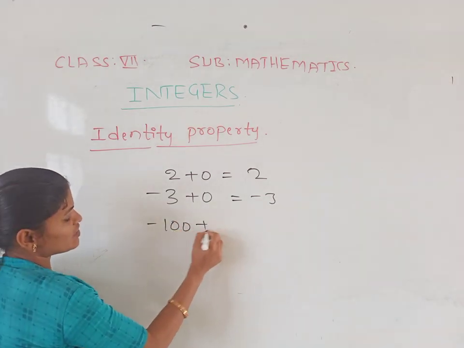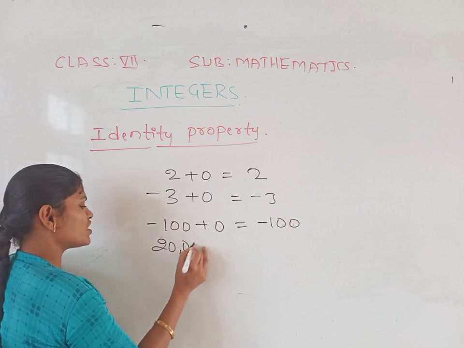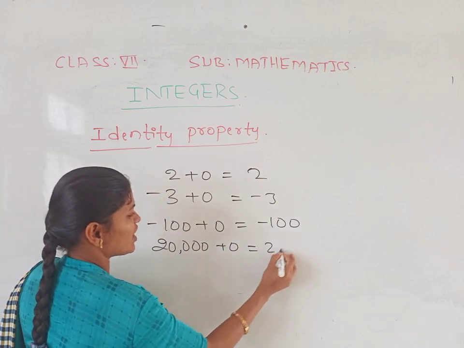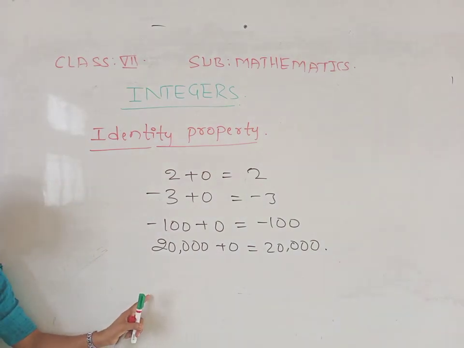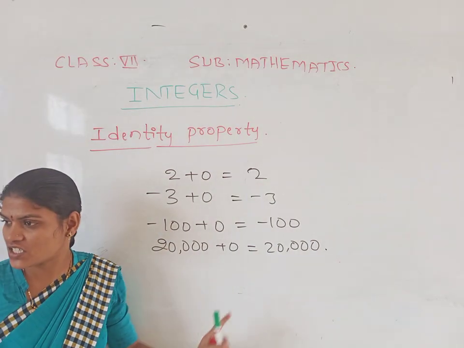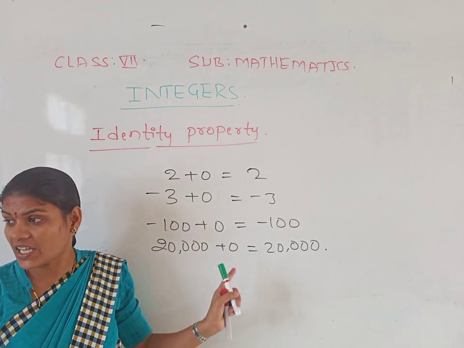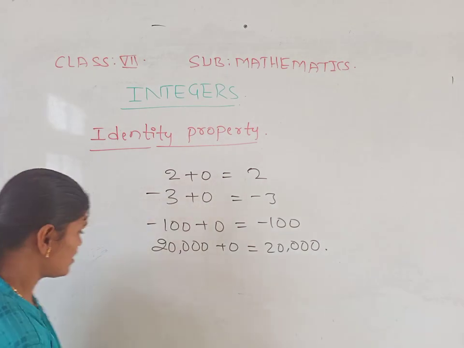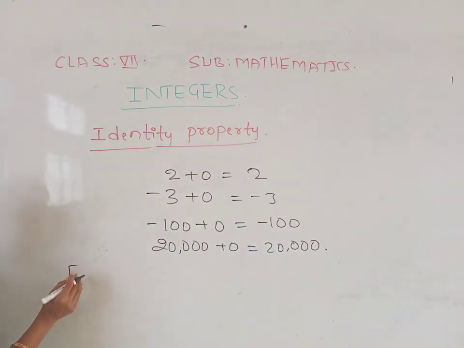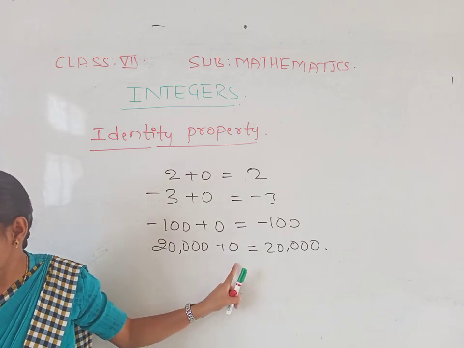Minus 100 plus 0, again minus 100 only. 20,000 plus 0, again your answer is that number itself. If you add 0 with any number, and you get that number itself, then 0 acts as what here? Additive identity element. Yes, idly it is sitting here. Means for the set of integers, what is the additive identity here?